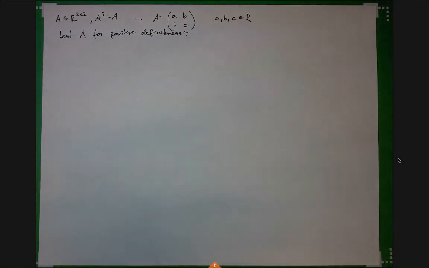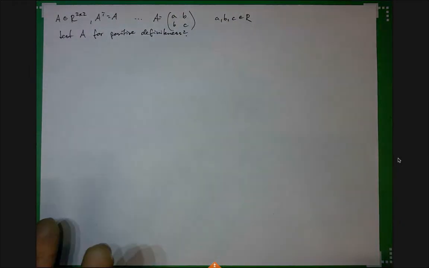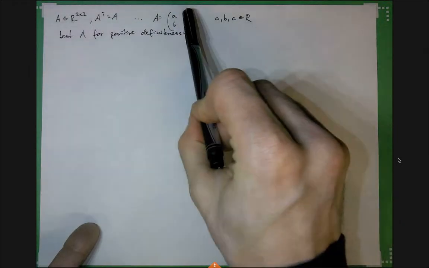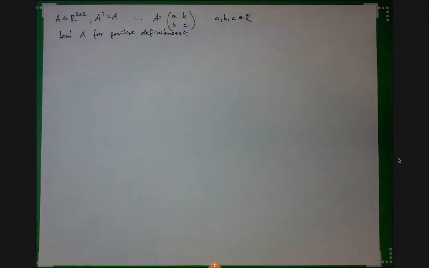Somebody gives me a 2x2 matrix, I want to be able to quickly decide if it's positive definite or not. Testing if it's symmetric is really easy, right? Just check if this entry is the same as this one. So I just assume that they already are the same, because otherwise you just say, go away, it's not even symmetric, right? So this is interesting actually. Let's think about it for a bit. If somebody gives us a matrix, or even for a general matrix, how do we come up with a test of positive definiteness?